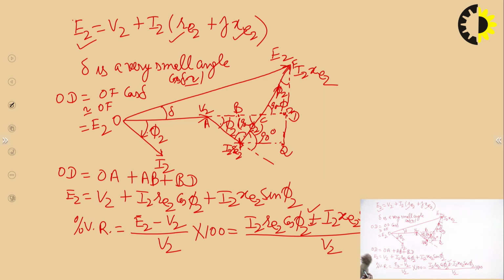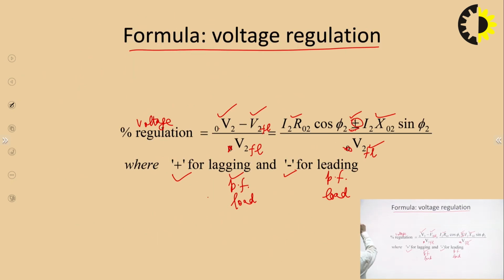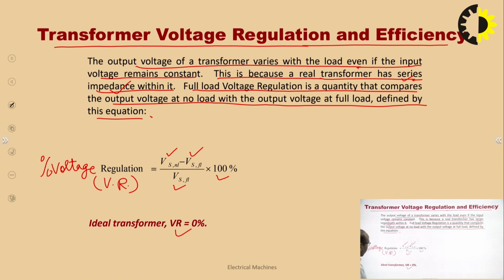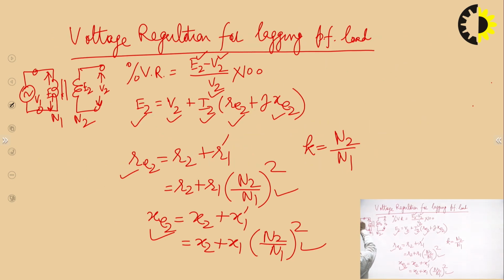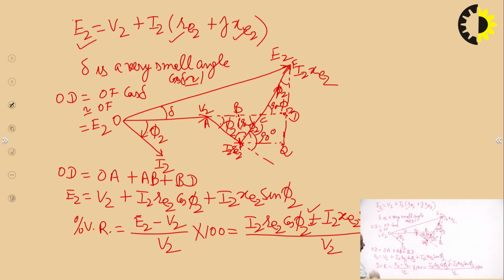Another important point, as I already discussed in the very beginning, is that for an ideal transformer, voltage regulation is 0. This can also be seen from the expression of voltage regulation that we derived for a lagging power factor load.